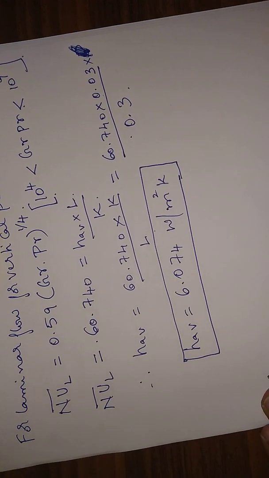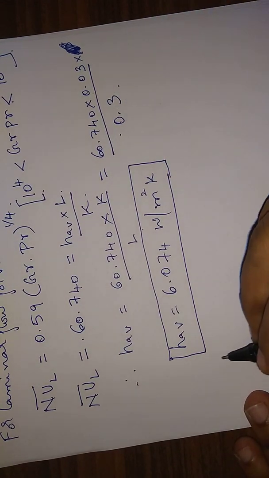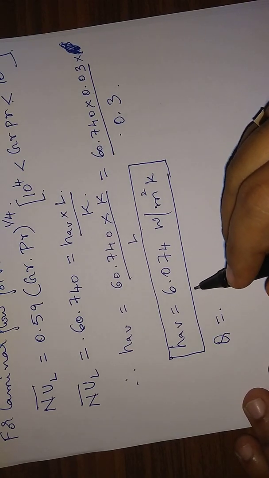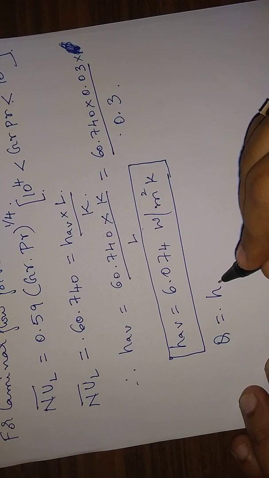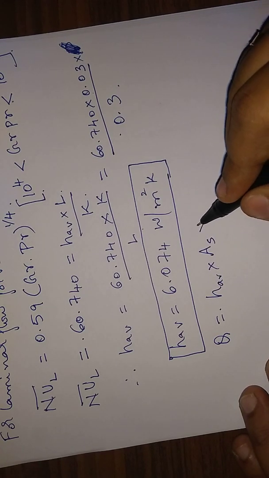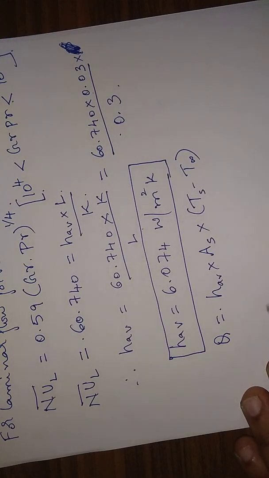Now, what are we supposed to do next? We have to calculate the Q. So Q is equal to h A delta T: h average into surface area into T surface minus T infinity.